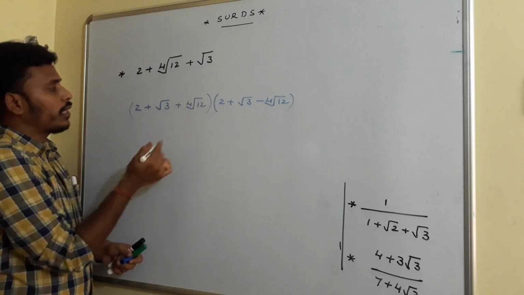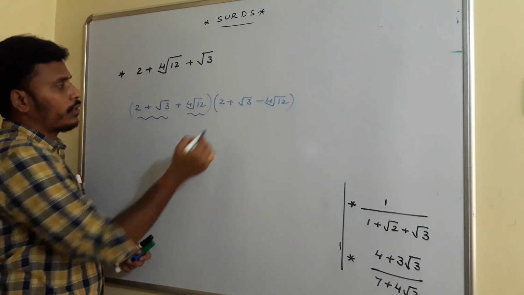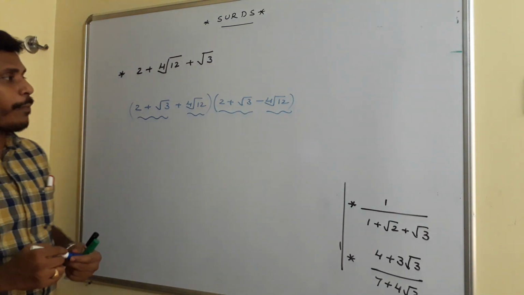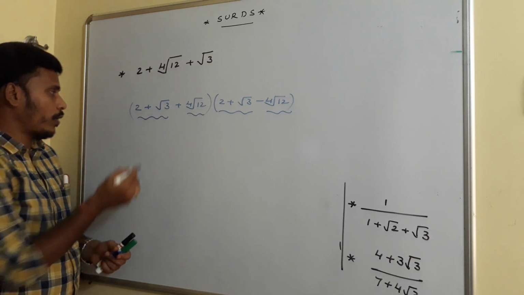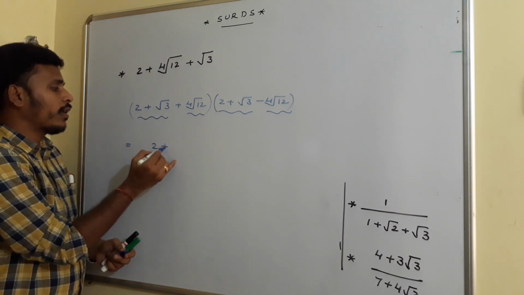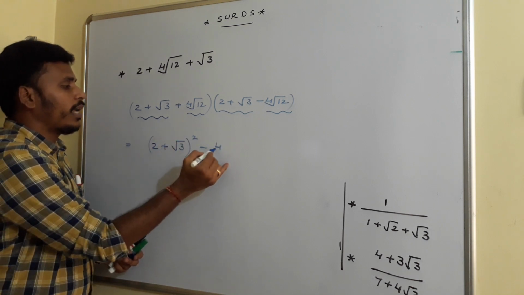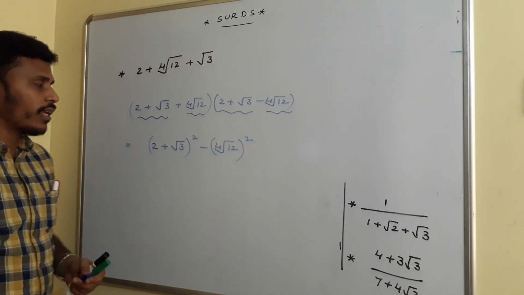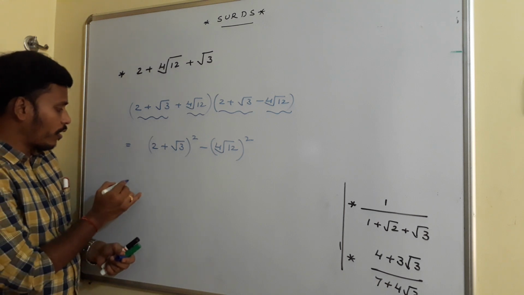If you multiply like this, treat 2 plus root 3 as x, and 4th root 12 as y. What will happen? It is in the form of (a plus b) into (a minus b), which is a square minus b square. Now if you go like that, a square, or x square, is (2 plus root 3) square minus (4th root 12) square. Everything is clear, I think. So this is (2 plus root 3) square minus (4th root 12) square.